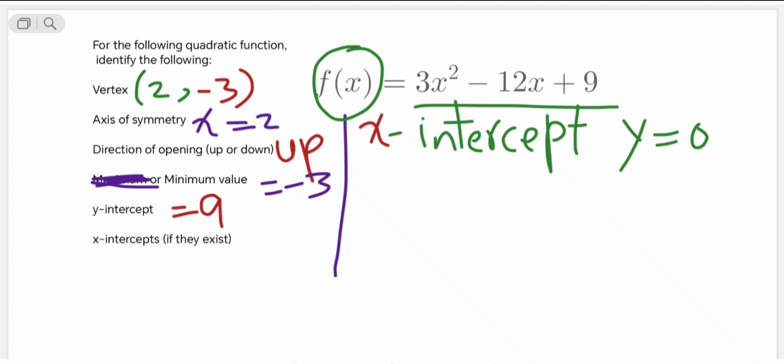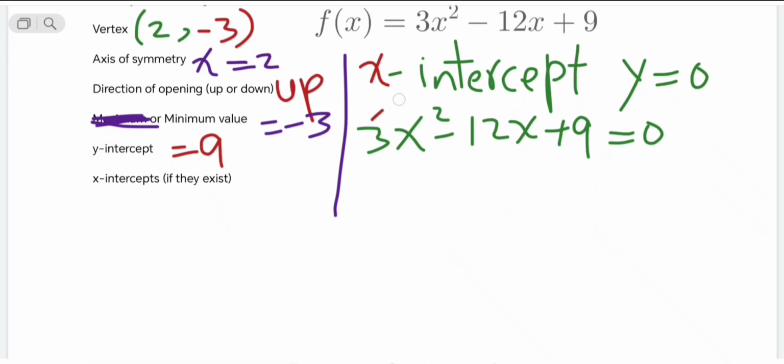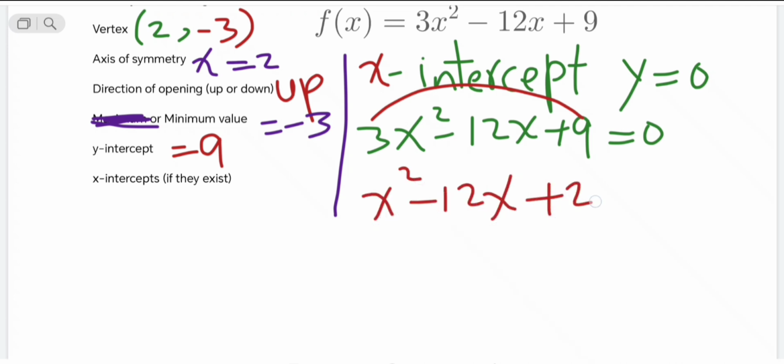So 3x squared minus 12x plus 9 equals 0. Okay, now we will find the value of x. I will use the factorization method. You will also learn how to factorize. So 3 multiplied with 9, I will write x squared minus 12x. 3 multiplied by 9 equals what? 27. Equals 0.